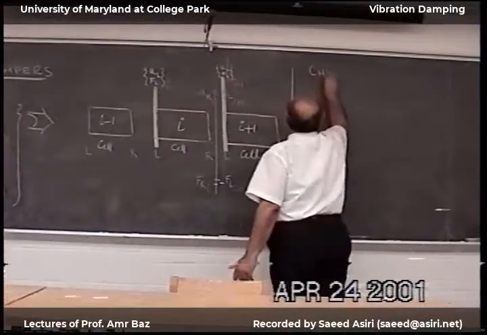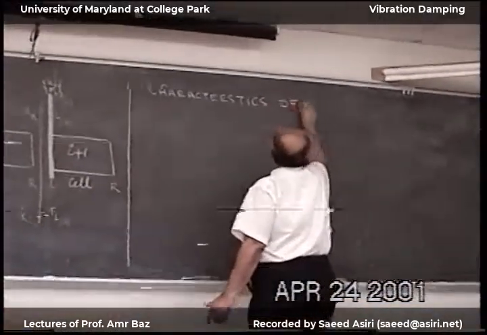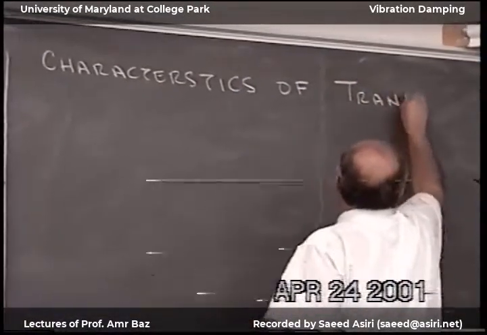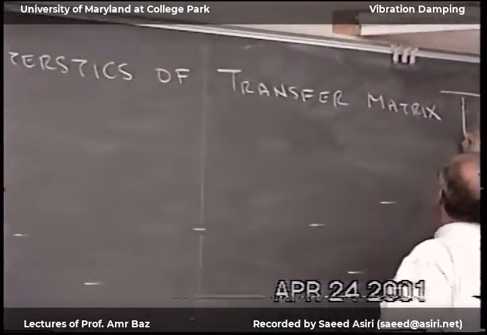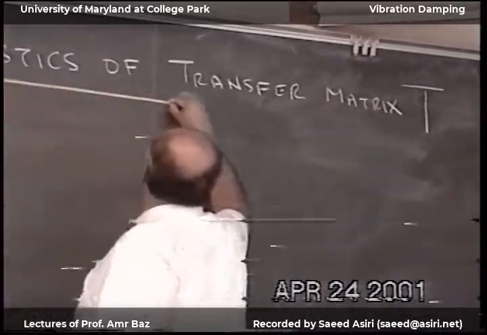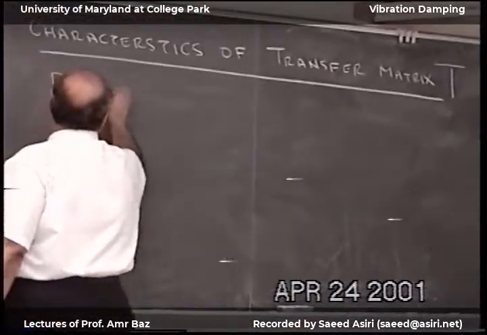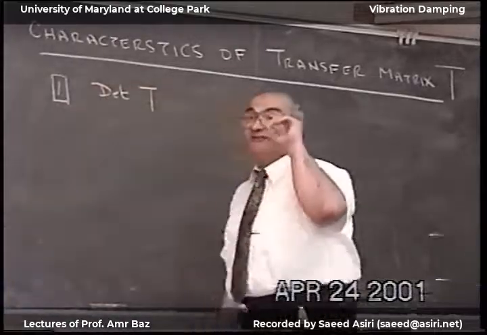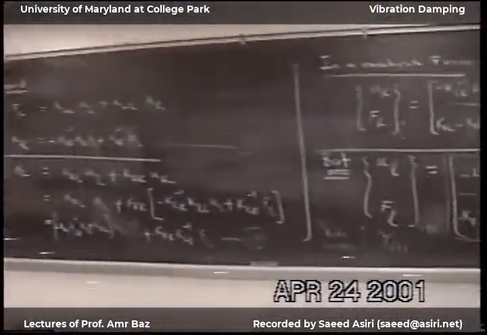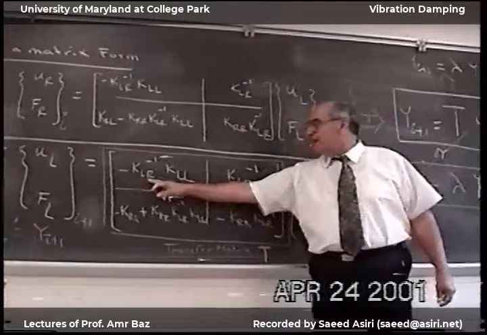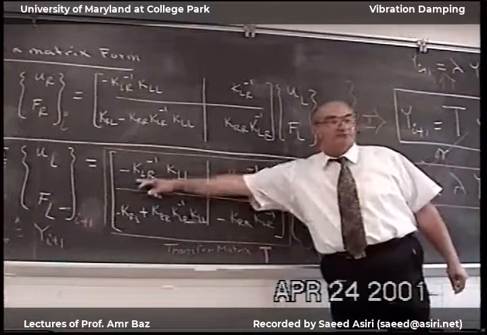And I'll just look here at the basic characteristics of the transfer matrix T. First item, let's look at the determinant of T. If you look here, the determinant of T, KLR, KLL, KRR, KLR, and this is positive.